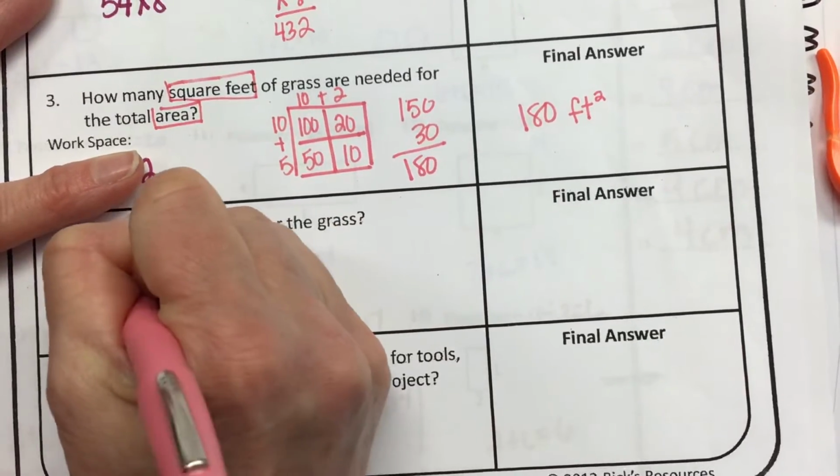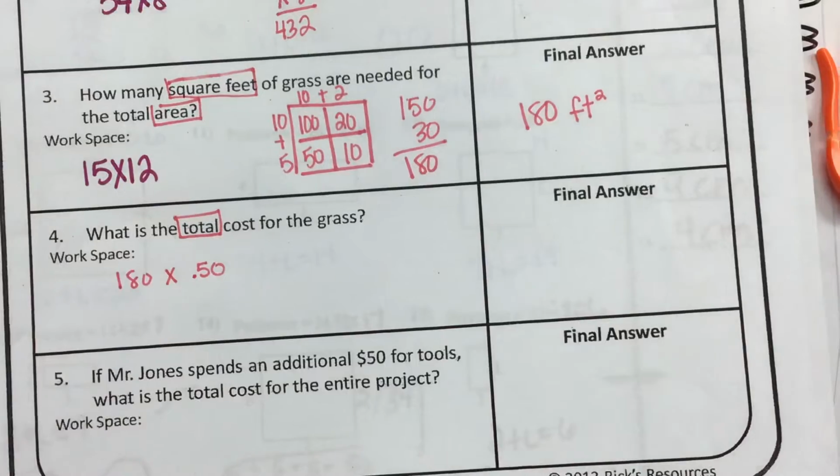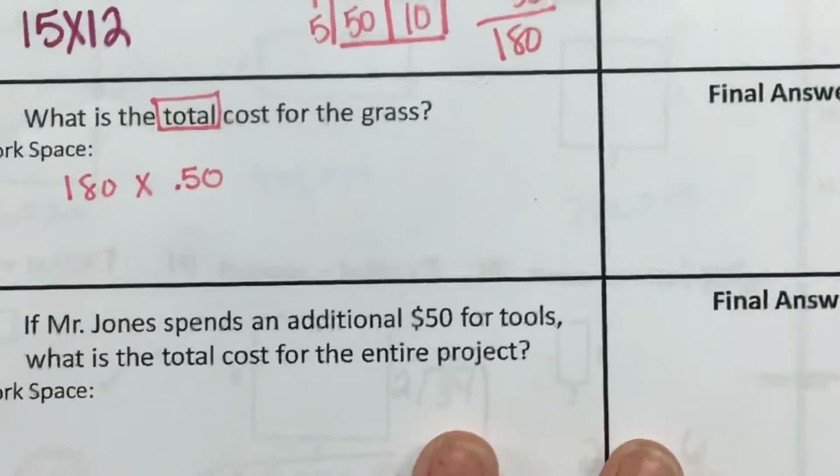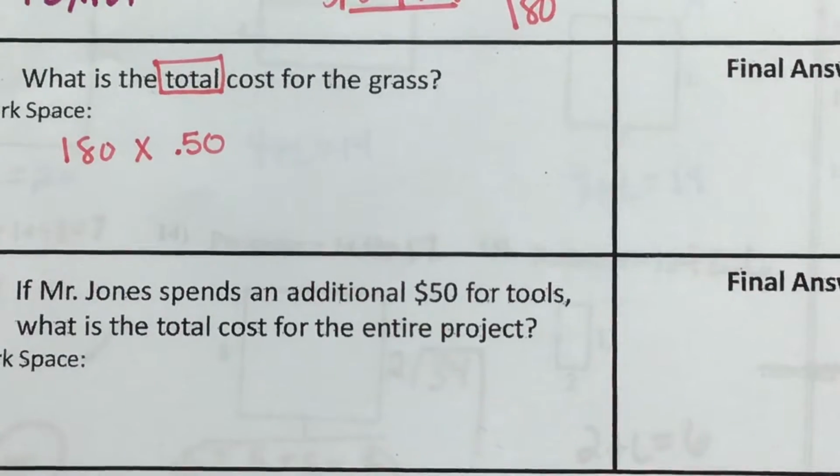Okay, so in order to find it, then we have to multiply 180 times 50 cents. But I have an easier way to do it. 50 cents is half a dollar. So if I can do 1 square foot for 50 cents, how many square feet can I do for $1?